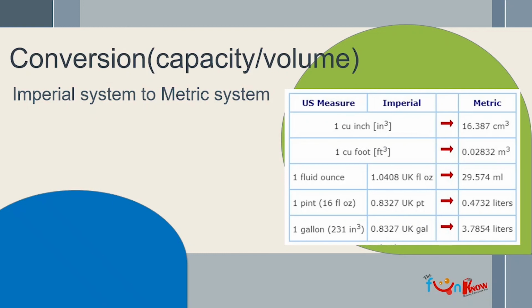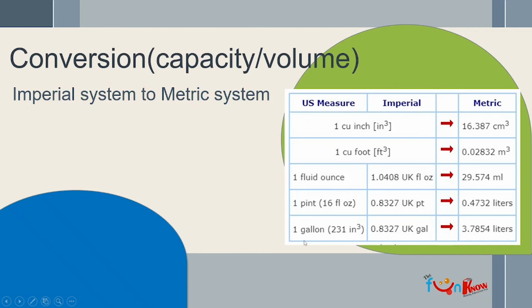1 fluid ounce, which can also be written as 1.0408 FLOZ. This measurement will be done mostly in the United Kingdom. So metric is 29.574 ml. Then 1 pint, which is also known as 16 FLOZ, which is 0.832 UK pint, and it can also be converted to metric as 0.4732 liters.